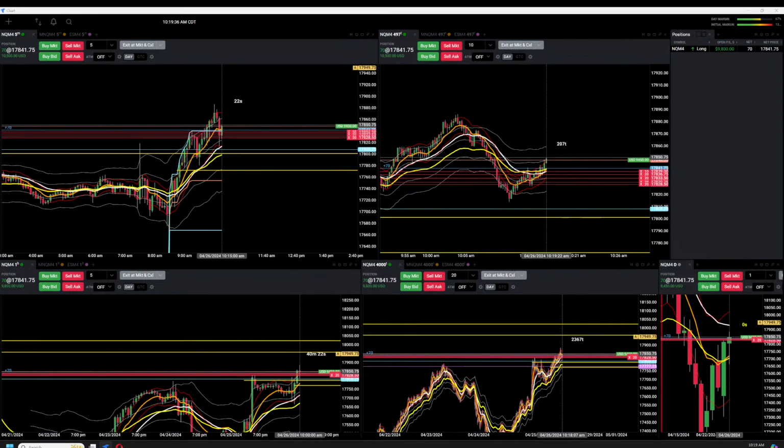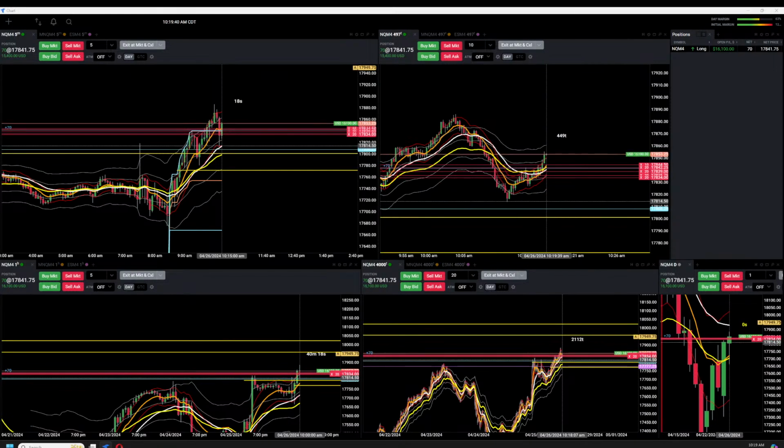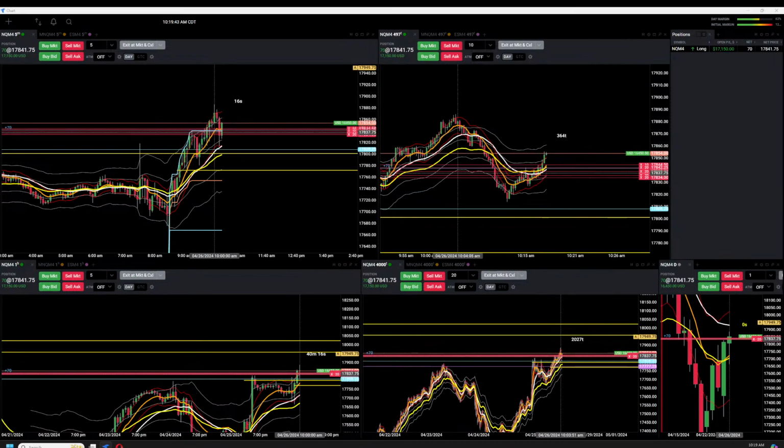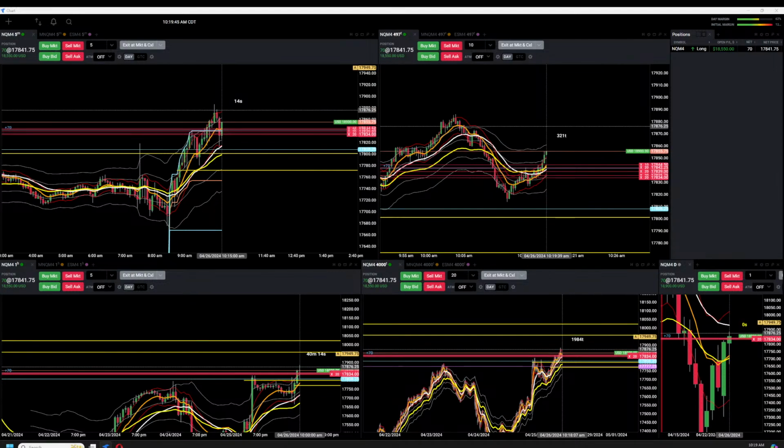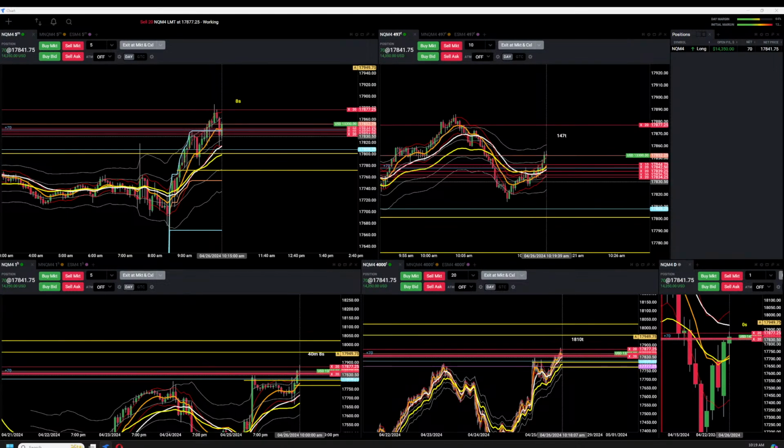Key zone right here for failure. Oh, there we go. I will take profit right up here. I'm hopefully gonna, hopefully it doesn't pull back here and take me out.